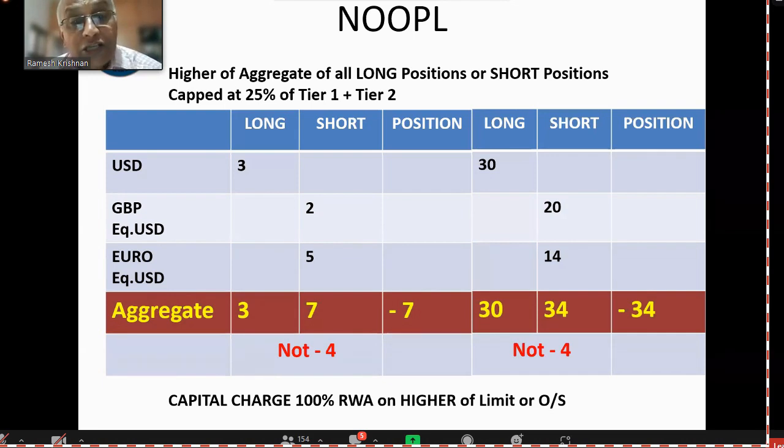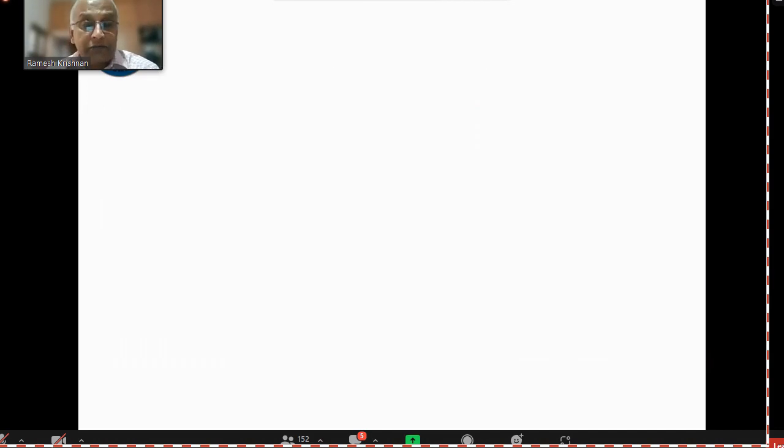Capital adequacy has to be provided at 9% plus the 2.5% capital conservation buffer equal to 11.5. And that is on 380 crores, which is the outstanding, which is higher than the limit. Normally, it will not be higher than the limit, but accidentally, if on the last day the outstanding is higher, then you have to provide on the higher.